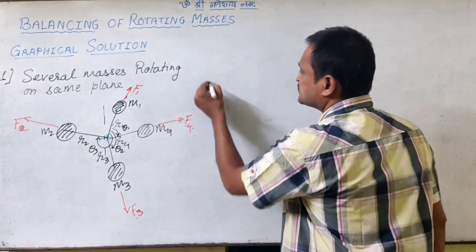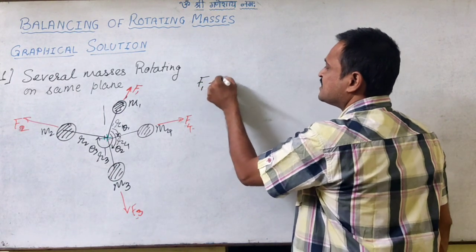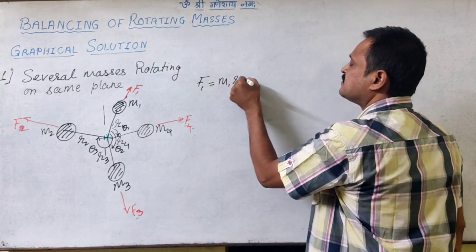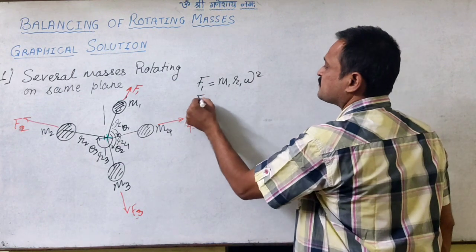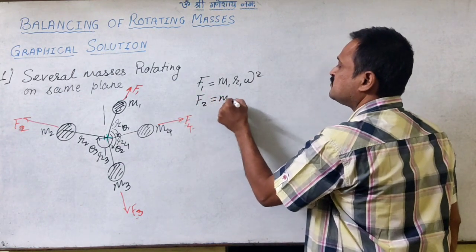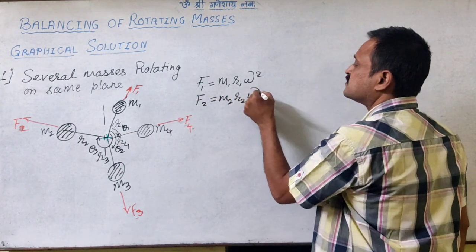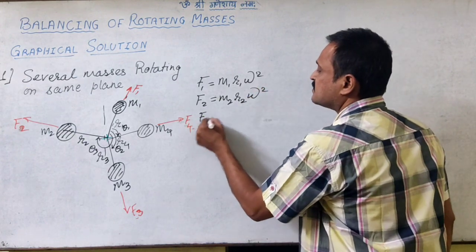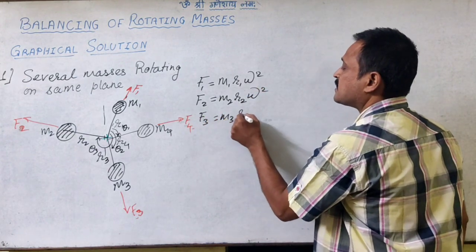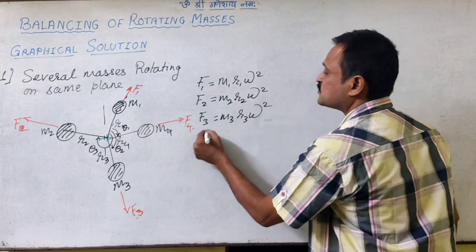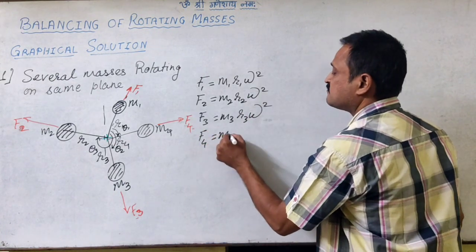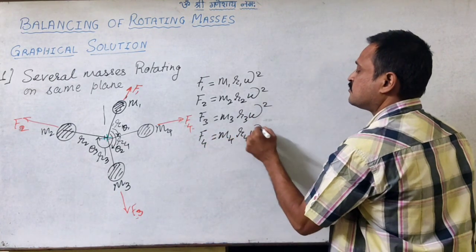So these forces: F1 will be M1 R1 omega square, F2 will be M2 R2 omega square, F3 will be M3 R3 omega square, F4 will be M4 R4 omega square.